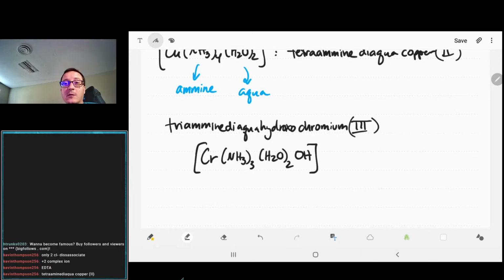The amines and waters are neutral, so they don't change our charge. However, the hydroxide is a -1 charge. So if chromium is +3, we have 1 hydroxide. That means overall, this complex ion should have a +2 charge at the end.